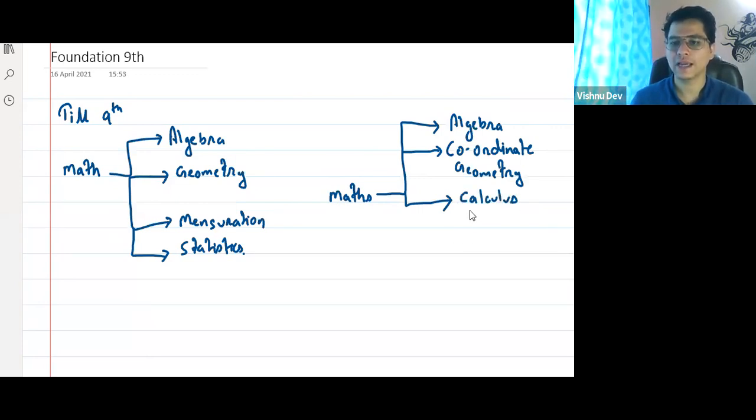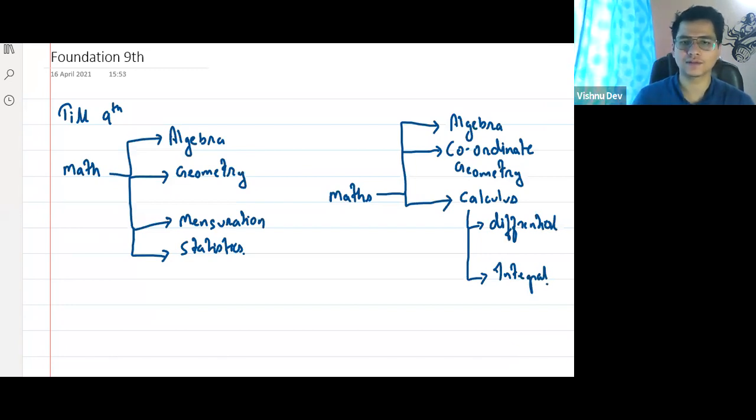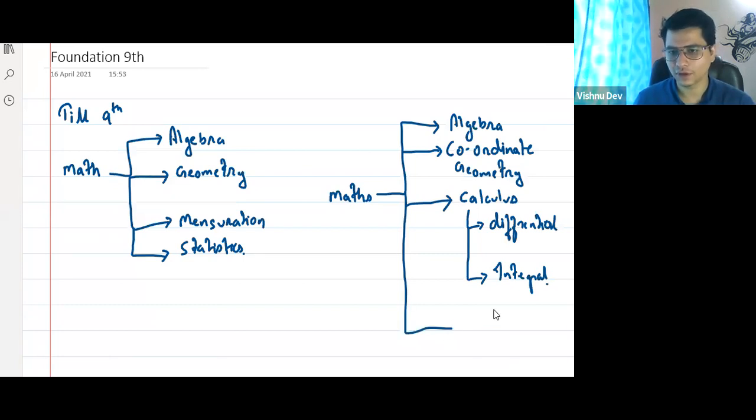In calculus there are two different topics: one is differential calculus and second is integral calculus. So these are just the topics, the next topics. Then we have trigonometry.